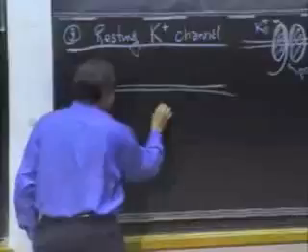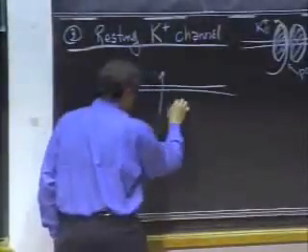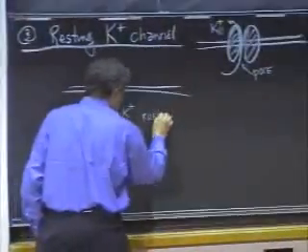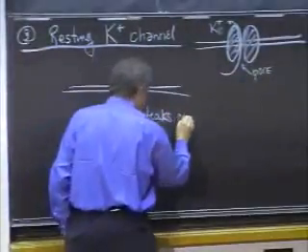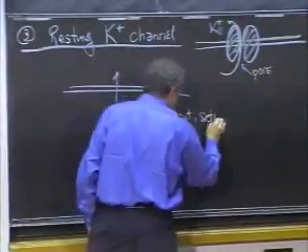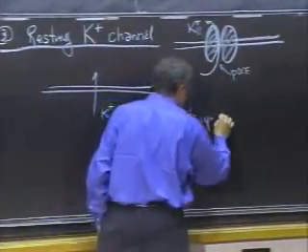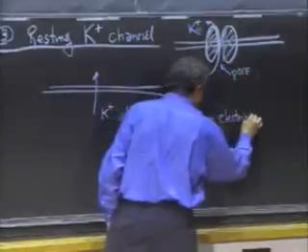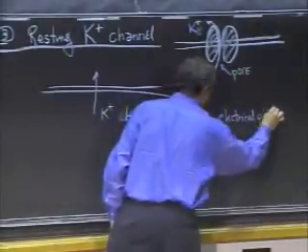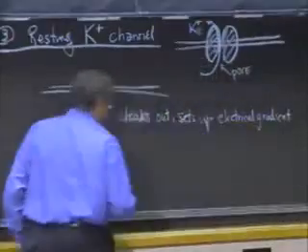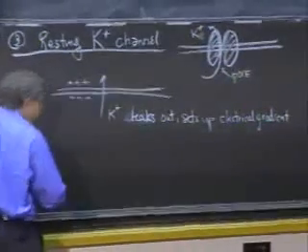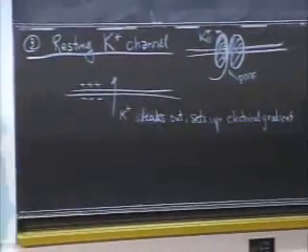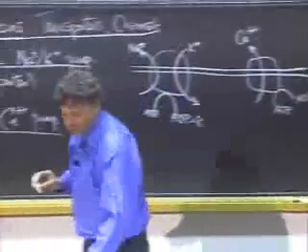So what happens is potassium leaks out, which now sets up an electrical gradient, and the cell becomes more positive on the outside, more negative on the inside, and an equilibrium potential is reached.